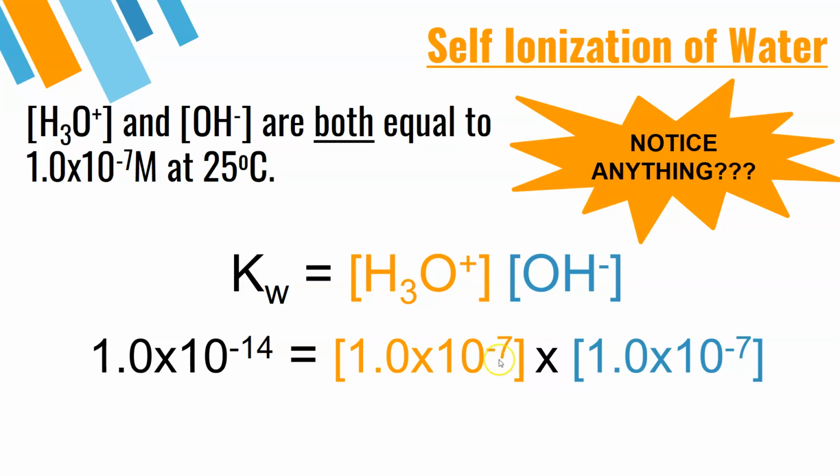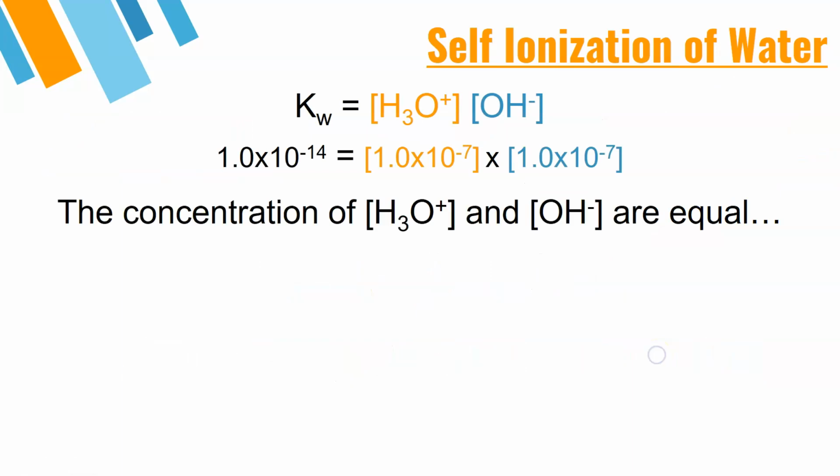And if these are equal amounts, if your acid equals your base, what do we call that? We call that neutral. And if you were to plug 1 times 10 to the minus 7 into your pH calculation, negative log of this number is going to give you a 7, isn't it?